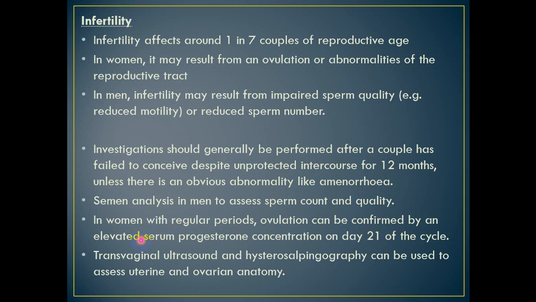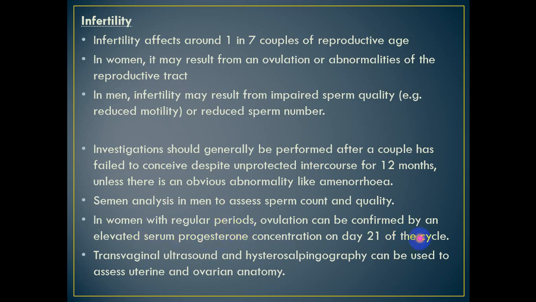In women, investigation should be preceded by a history of the menstrual cycle. In women with regular periods, ovulation can be confirmed by progesterone, as we said previously, on the 21st day of the cycle, and in women with a regular menstrual cycle, ovulation is likely.